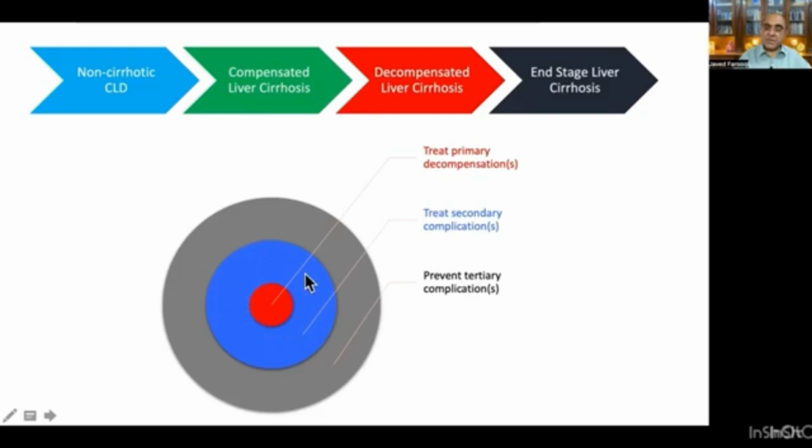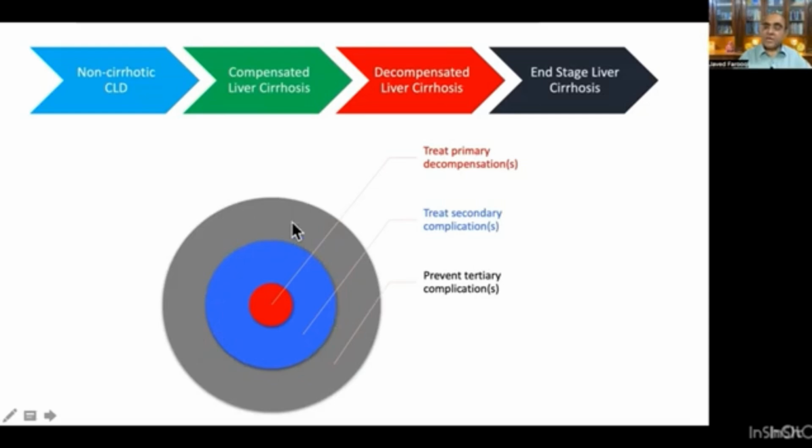There are chances of infection. There is hemodynamic instability. So the patient may come with a variceal bleed, and even in the hospital, the patient may develop hepatic encephalopathy. And then, to prevent the tertiary complications, you admit that patient in the ICU, and now you want that this patient should not aspirate, should not go into renal failure.